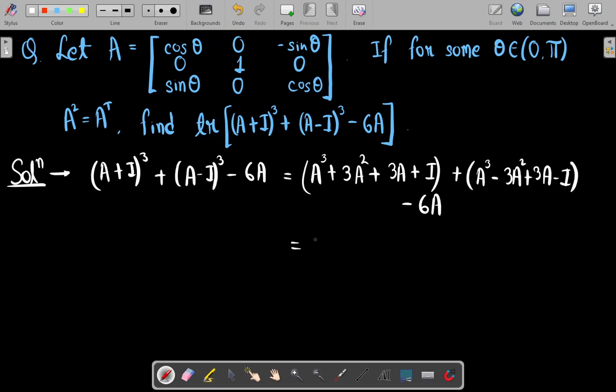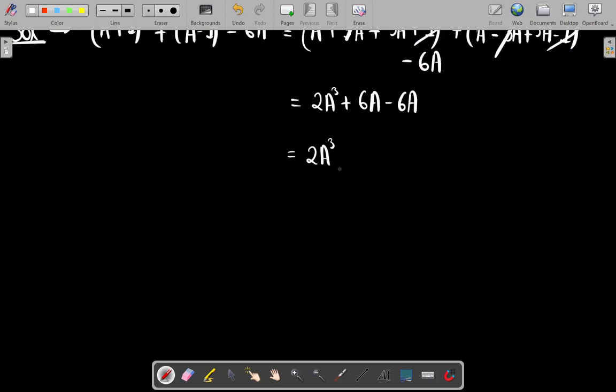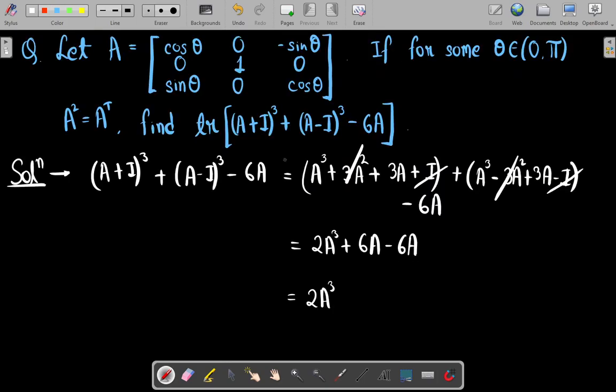We are left with A cube plus A cube, which is 2A cube, plus 3A plus 3A, which gives 6A, minus 6A. So this reduces to 2A cube. So we have to find the trace of this 2A cube.